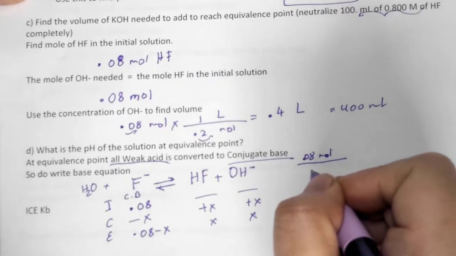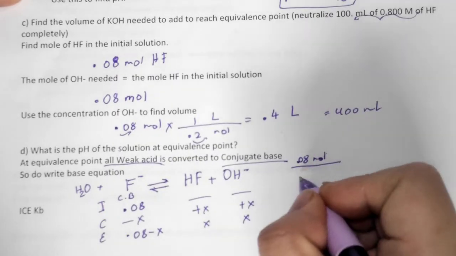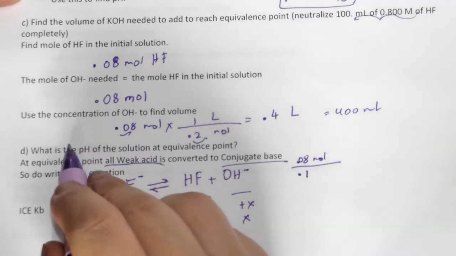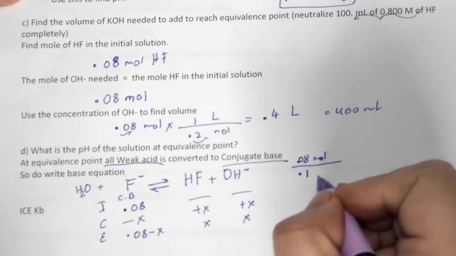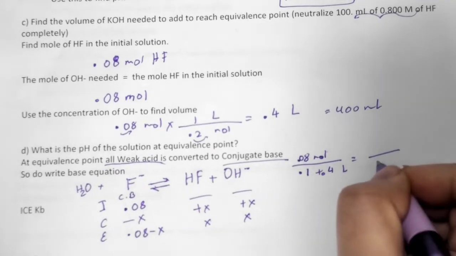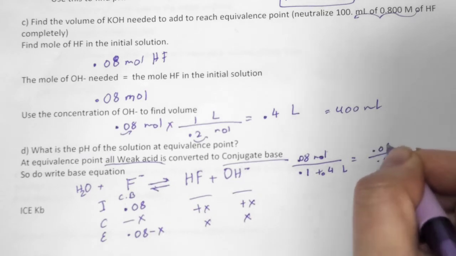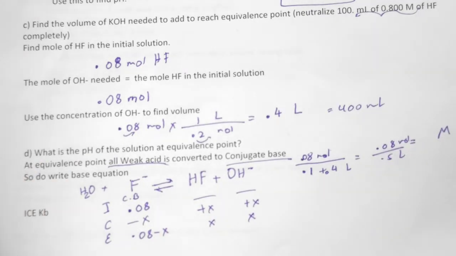We do know the volume because originally you have 100 milliliters, so that means 0.1 liter. To get to the equivalence point, you had to use 400, so 0.4. So that means you're going to use 0.5 liter total, with the 0.08. We're going to figure that out, and that's going to give you molarity.